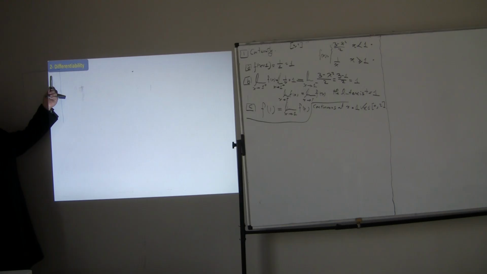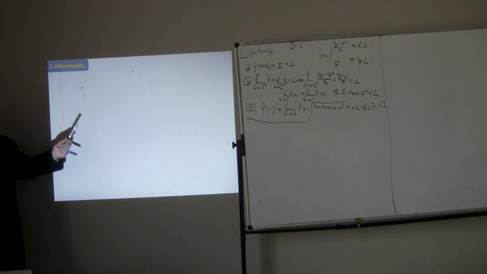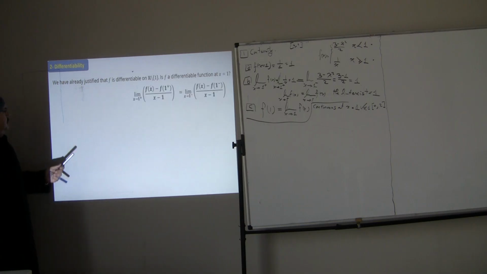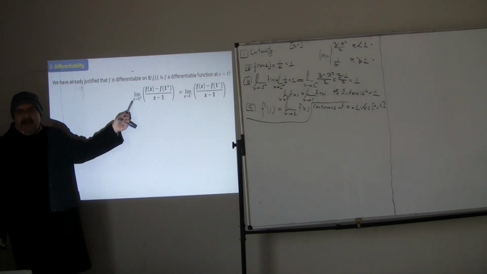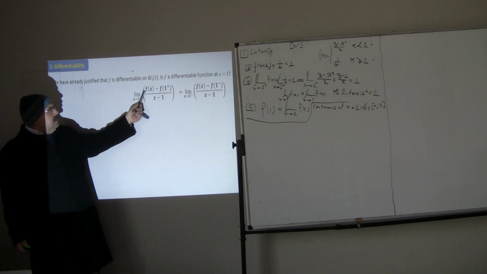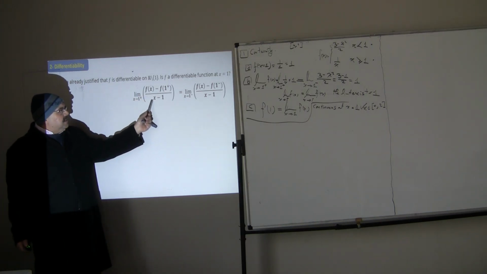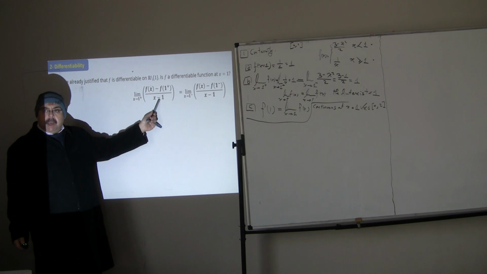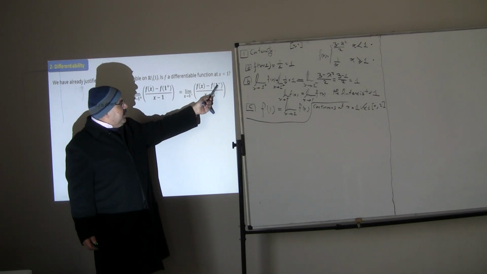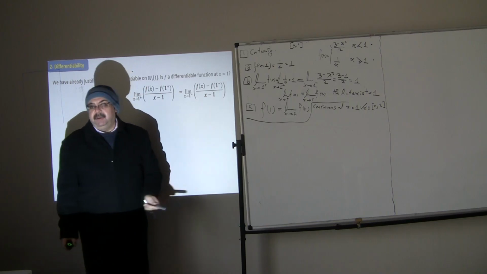Now I will have to study the differentiability. How to study the differentiability? If you remember, I can use this limit: the limit as x tends to 1 positive of f of x minus f at 1, over x minus 1. And then check this limit against the limit from the left of f of x minus f at 1 divided by x minus 1.